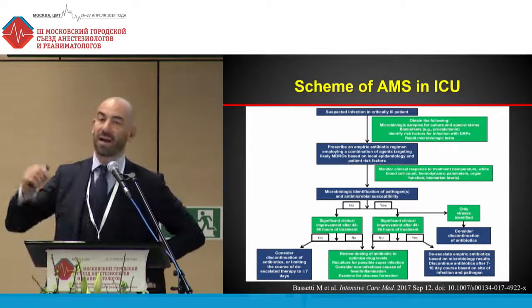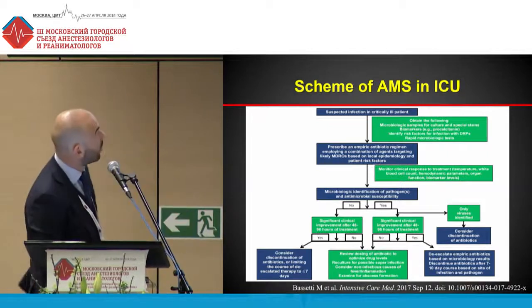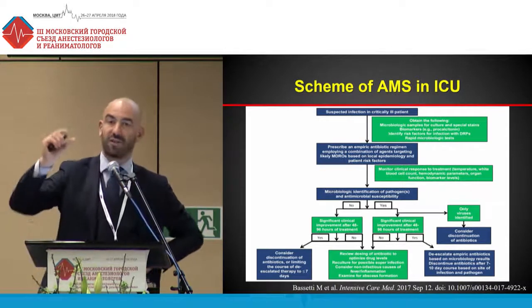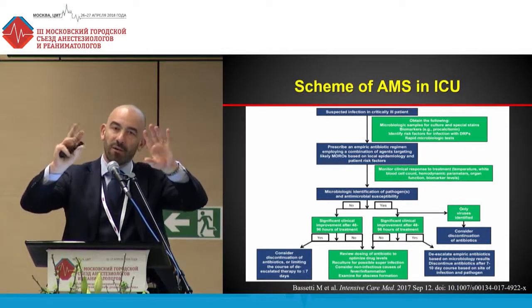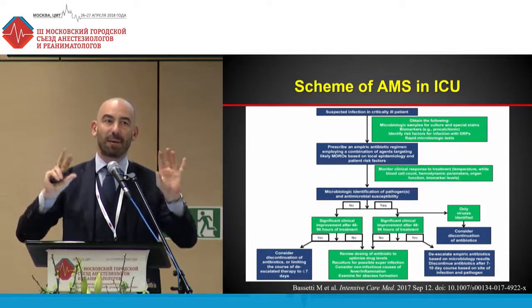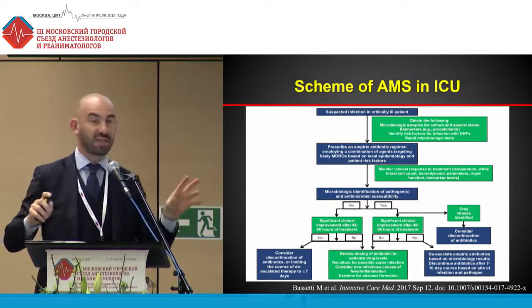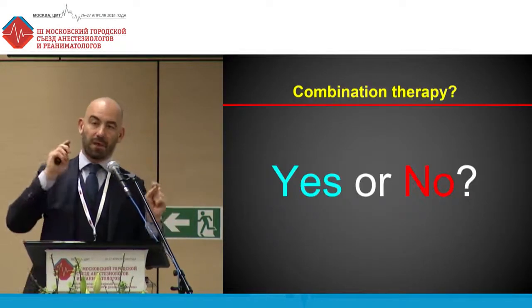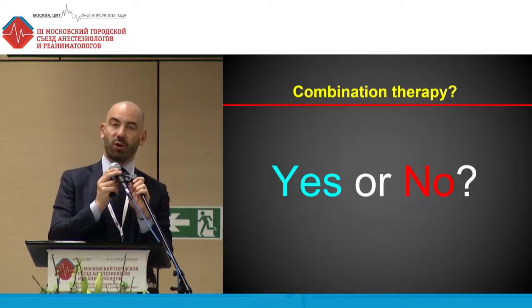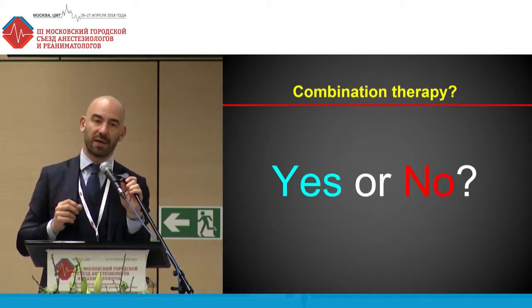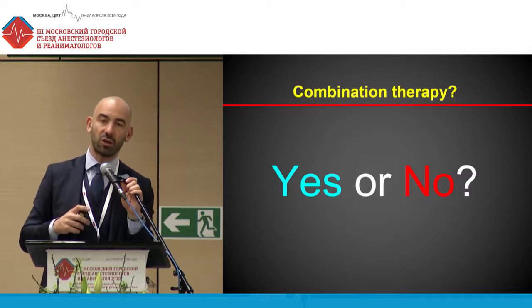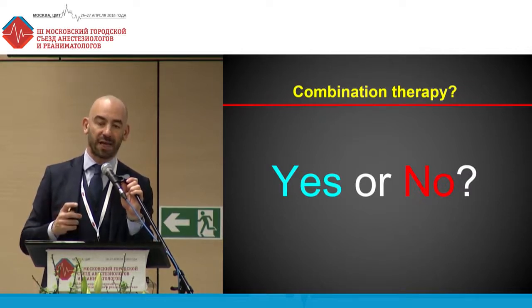If you don't have microbiological identification on day 3 or 4, but you have a significant improvement, you can consider discontinuation of antibiotics and limit the course to 7 to 10 days. This is a very easy example of the pathway for the treatment of bacterial infections in the ICU. So, the point that I discussed before, for ventilator-associated pneumonia, do we need combination or do we need monotherapy?